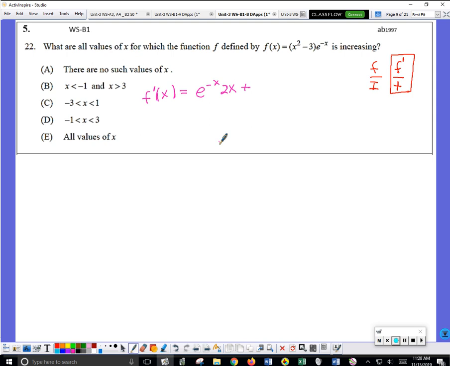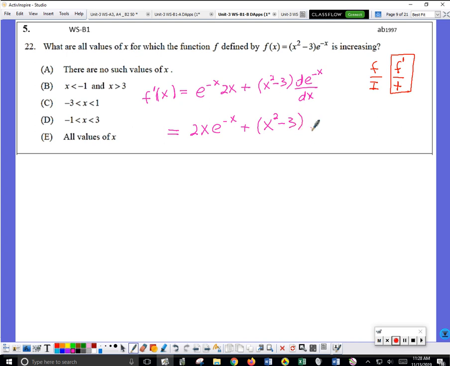Okay, now we write down the first function, x squared minus 3. And then we have to take the derivative of e to the negative x. So we get 2x e to the negative x plus x squared minus 3.